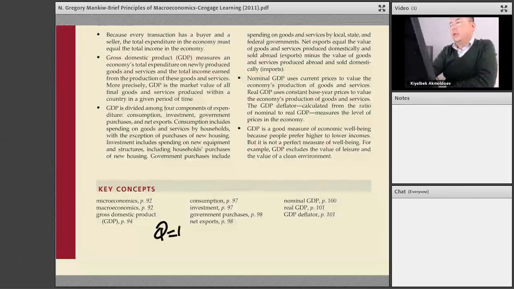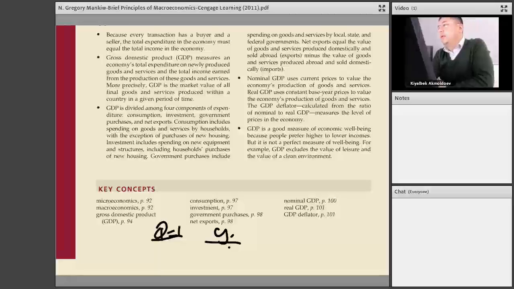No. Quantity is 100. Where is the problems and applications?